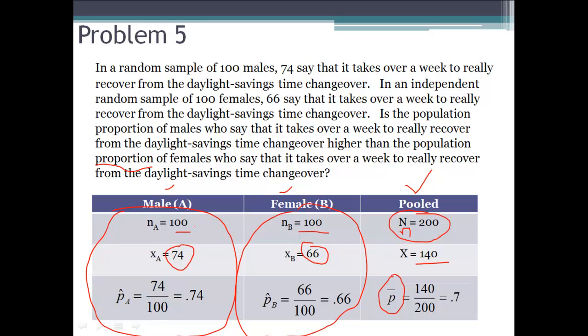If these two sample sizes here are equal, the 0.7 is just the average of the 0.74 and the 0.66. If the sample sizes are not the same, then they won't just be the simple average. For example, if we had 200 females and 100 males, the females would be weighted more heavily in our calculation of p-bar than males would be.